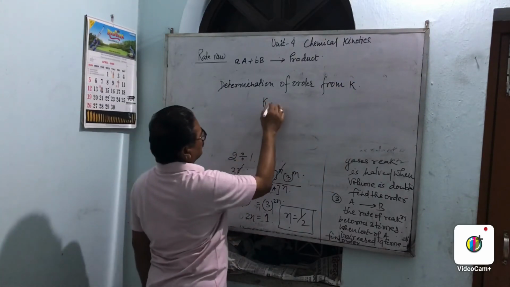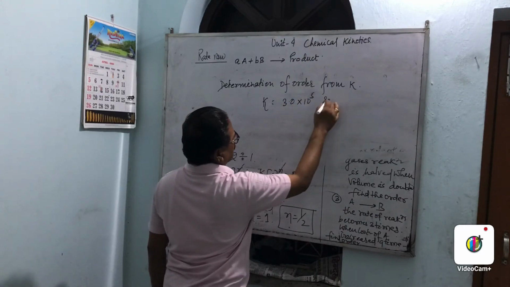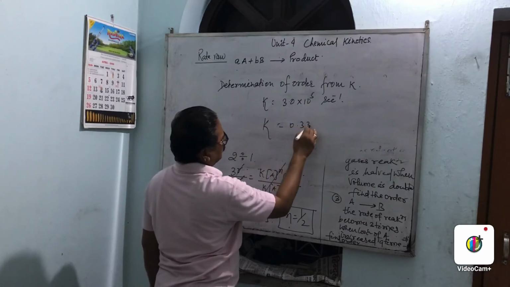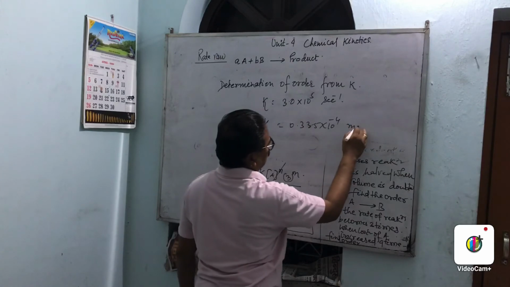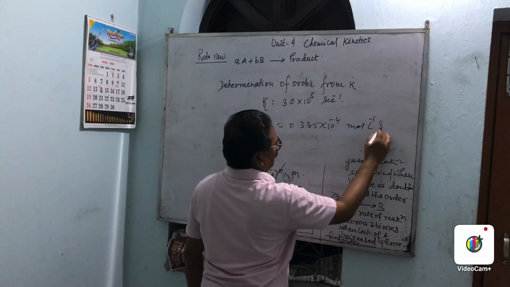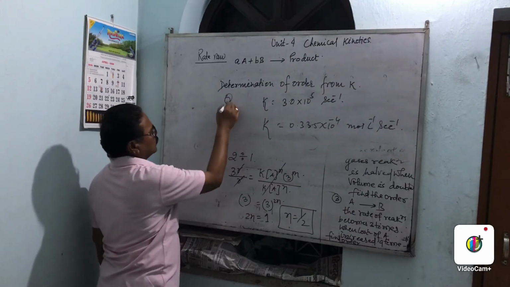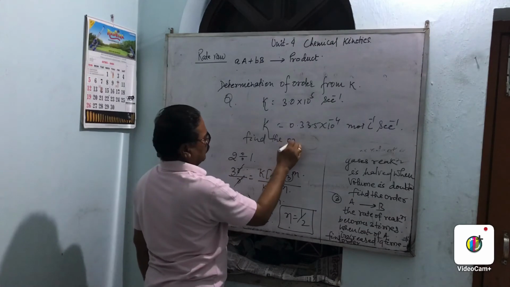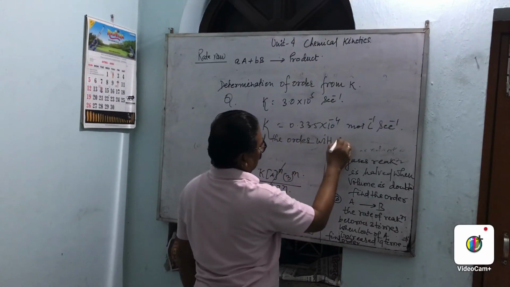Suppose k is equal to 3.0 × 10 to the power minus 5 per second. Suppose k is equal to 0.3335 × 10 to the power minus 4 mole per liter per second. And the question is to find the order of the reaction from the value of the rate constant.